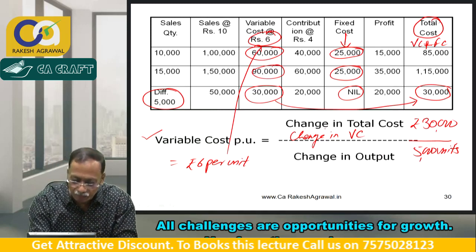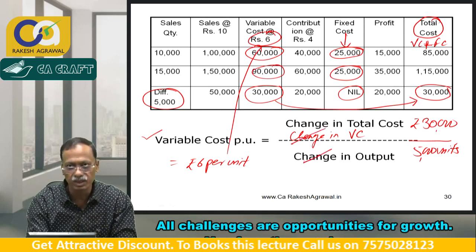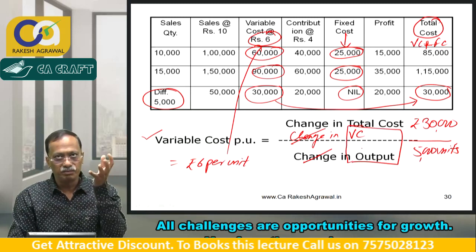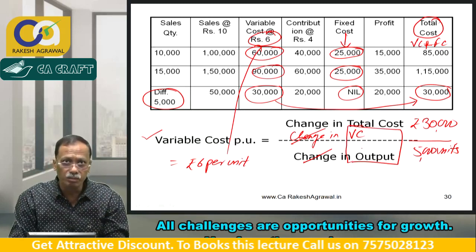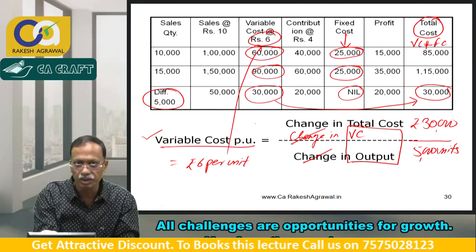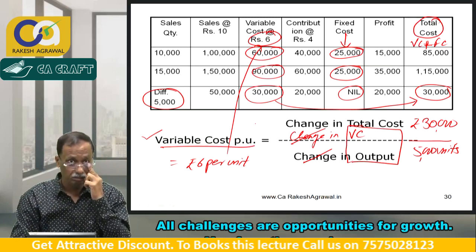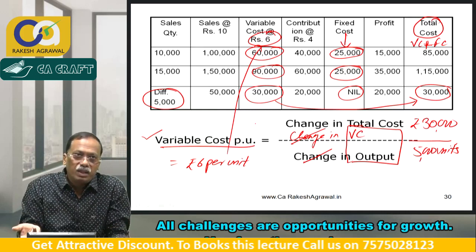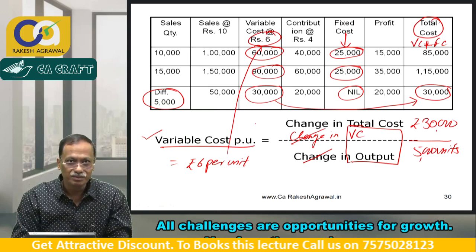I will delete this common word, the word change. So the formula will become variable cost upon output. My dear friends, if variable cost is divided by output in number of units, you must get variable cost per unit of output only, isn't it? Variable cost divided by output, naturally you will get variable cost per unit of output.